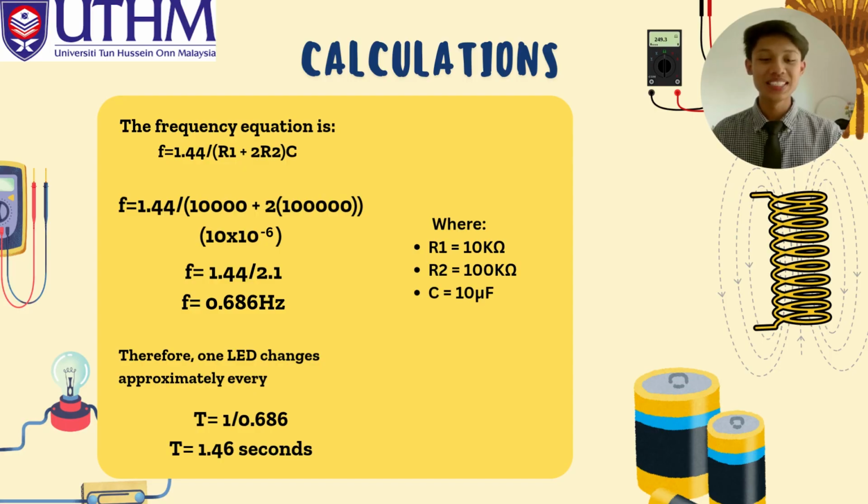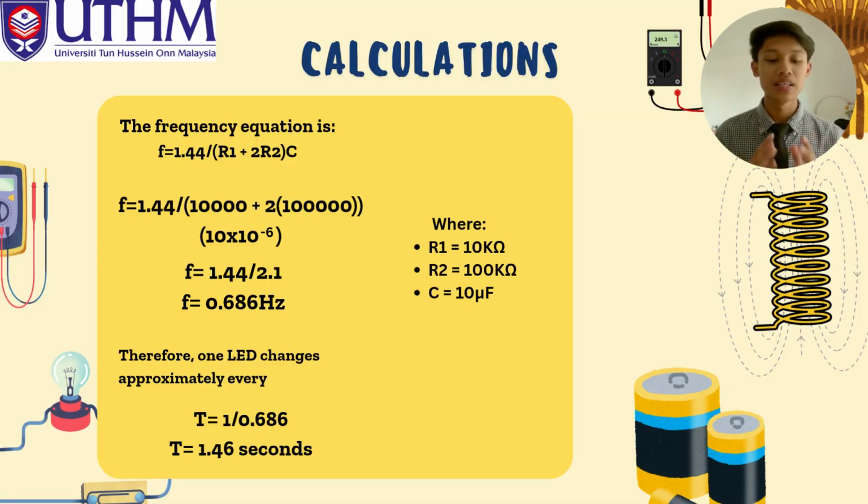Next, I will explain the calculation used in this project. The NE555 timer operates in astable mode, and its output frequency is calculated using the formula F equals 1.44 divided by the quantity of R1 plus 2R2, multiplied by C. In this project, the component values are R1 equals 10 kilo ohm, R2 equals 100 kilo ohm, and C equals 10 microfarad.